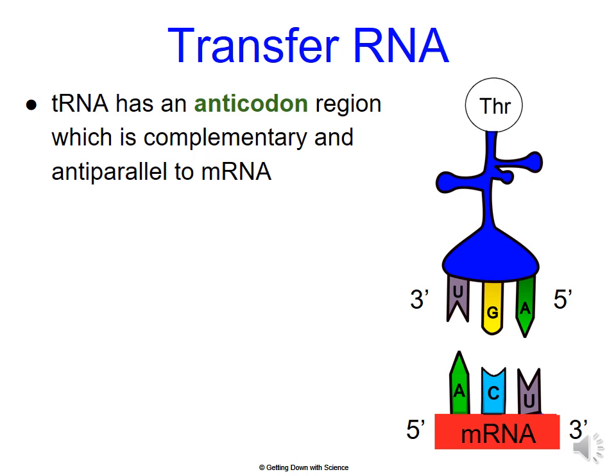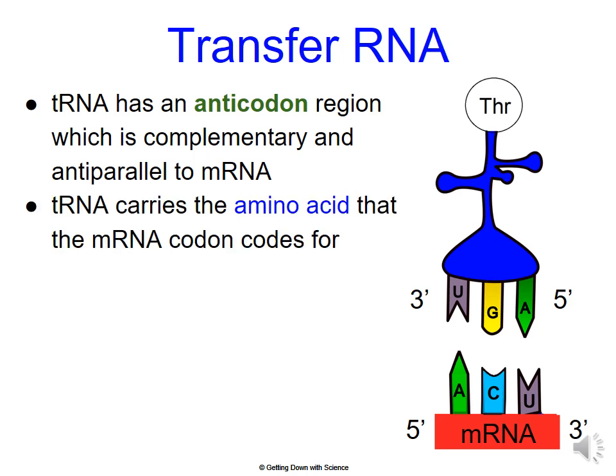So the anticodon, you'll notice, complements the mRNA. But also notice that just like with our DNA strands, we're always dealing with antiparallels. So the 5', 3' are going to be opposite each other. tRNA will also carry the amino acid that it codes for. So ACU codes for threonine.